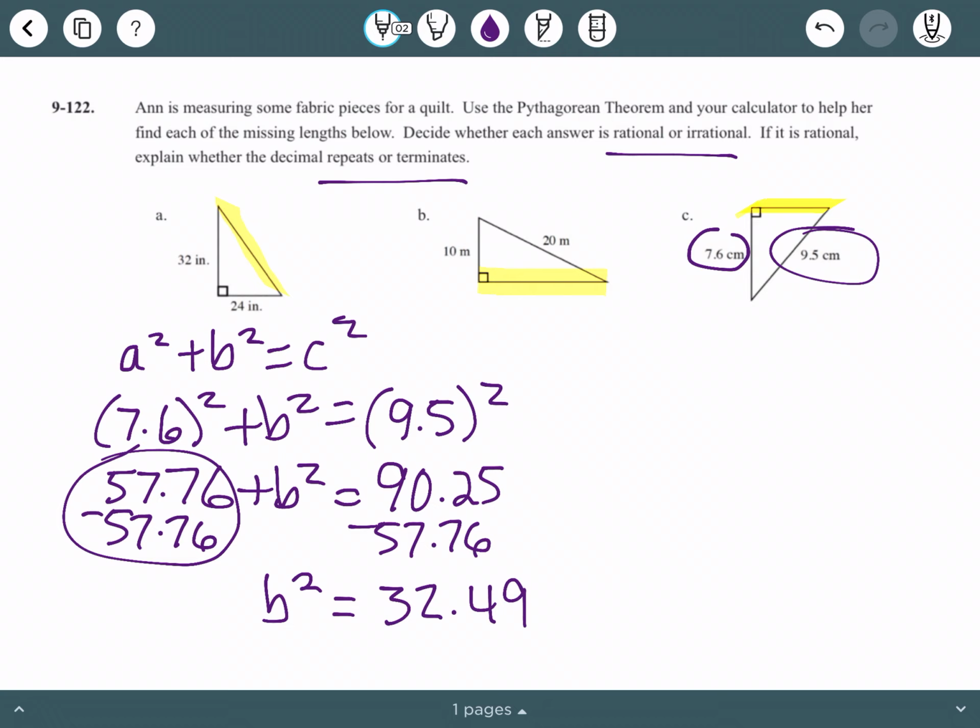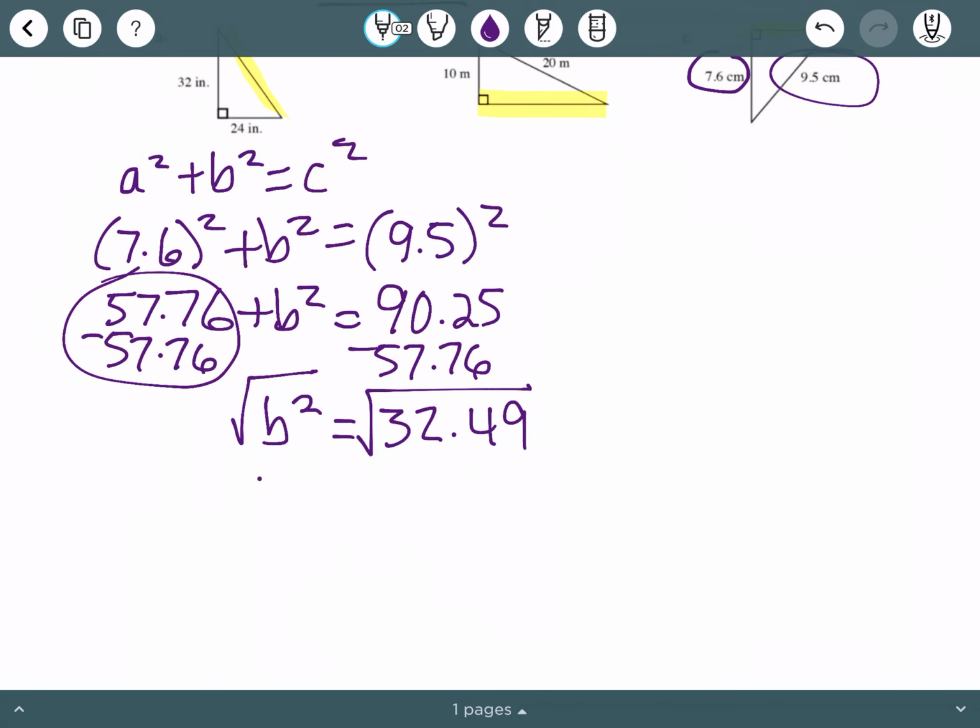That is our side length squared. So to unsquare, we take the square root, and when we do that, that gets b by itself. We're going to put in the square root of 32.49, and that should give us exactly 5.7. So b equals 5.7, that's our missing leg.